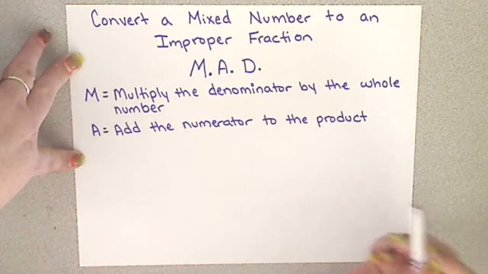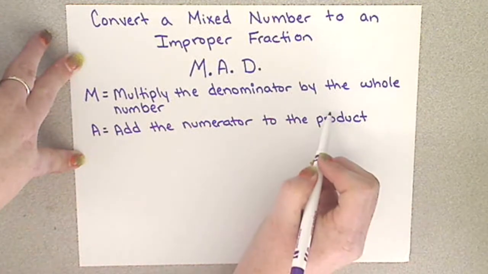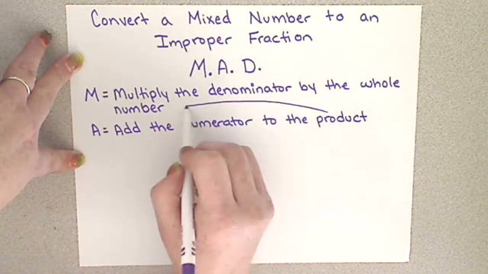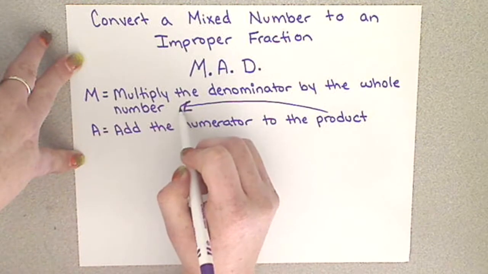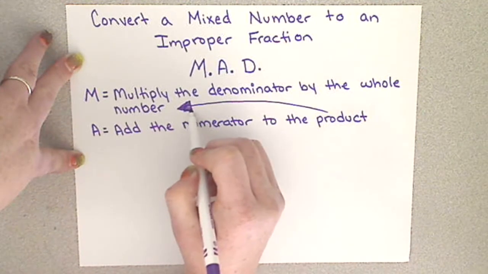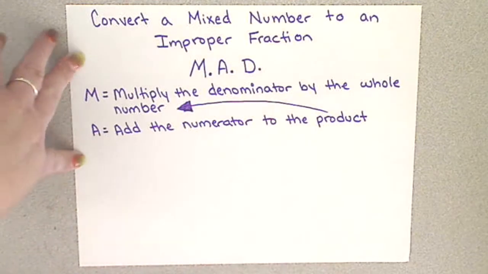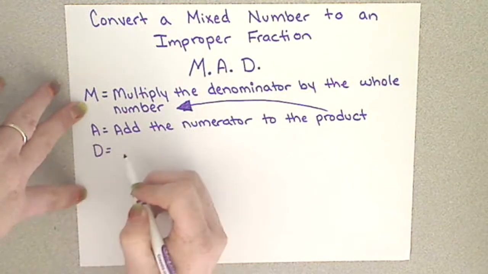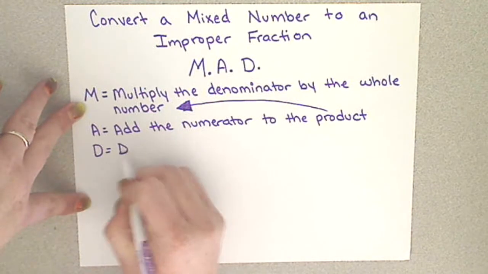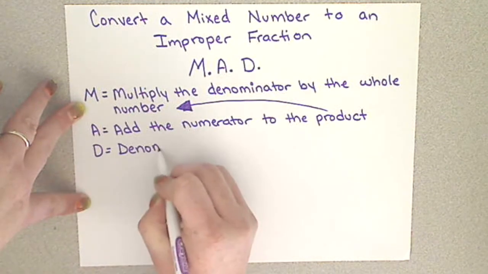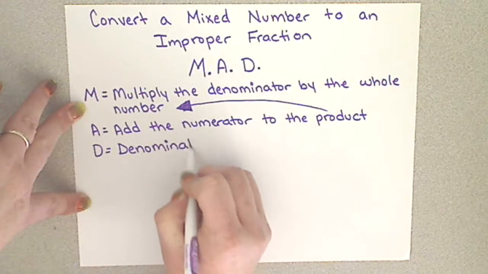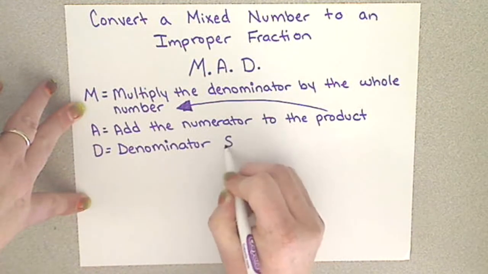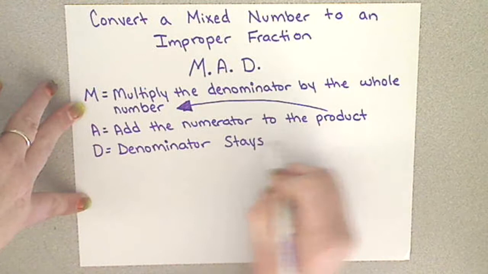And you're probably thinking, well, Ms. Pike, what product? The product that is created when you do step M. Okay? And then D means the denominator stays the same.